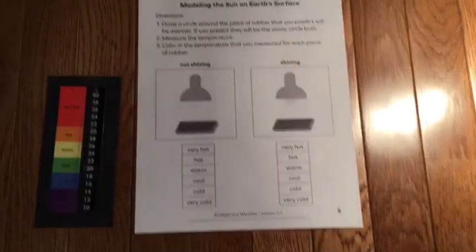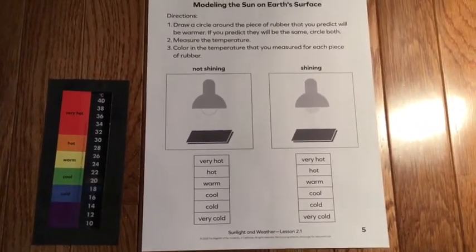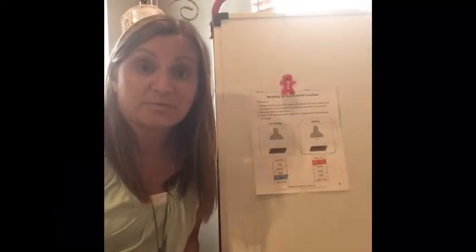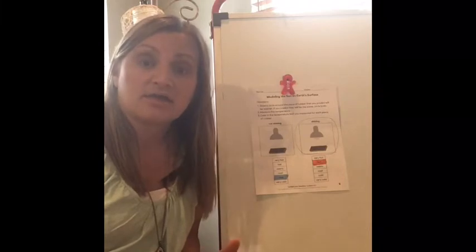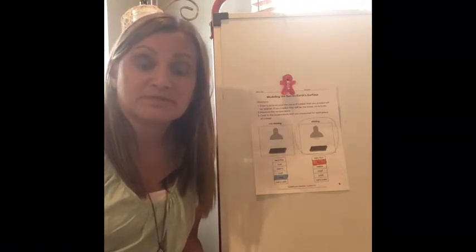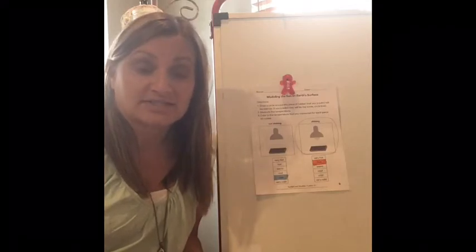So we just used a model to prove something that we were thinking. As scientists, we had a prediction that the sun was going to warm the Earth's surface. And so we used this model to investigate that.